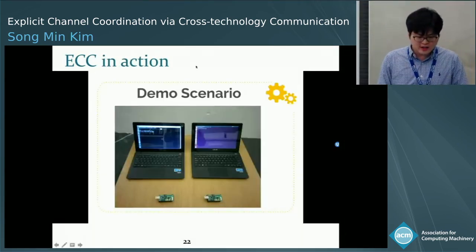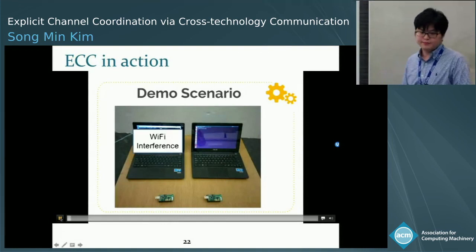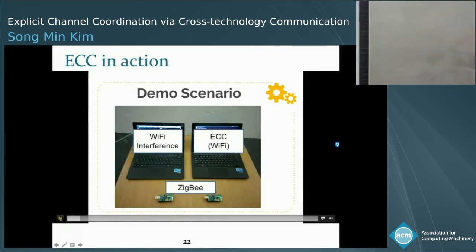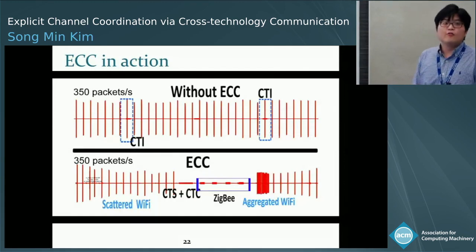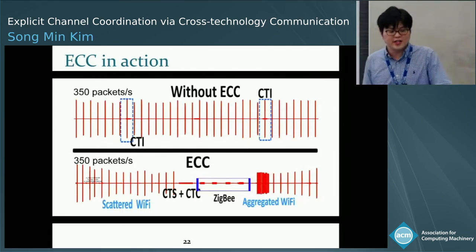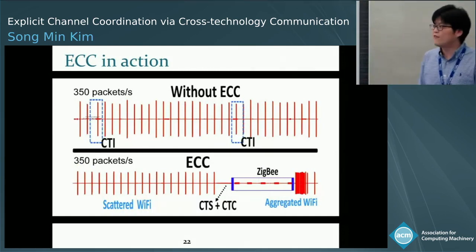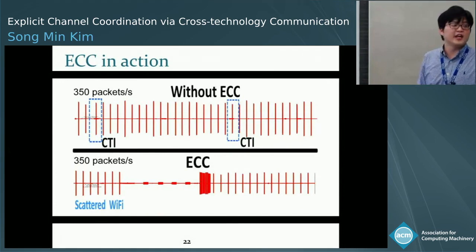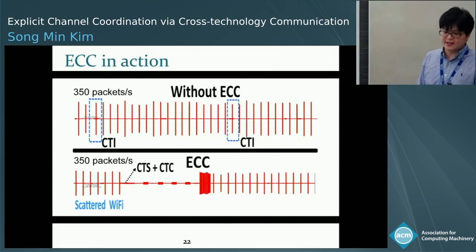Let me show you a running demo of our design. It's a very short demo where we first compare ECC with non-ECC, meaning the legacy ZigBee, under the same Wi-Fi traffic of 350 packets per second, and the same number of ZigBee packets.